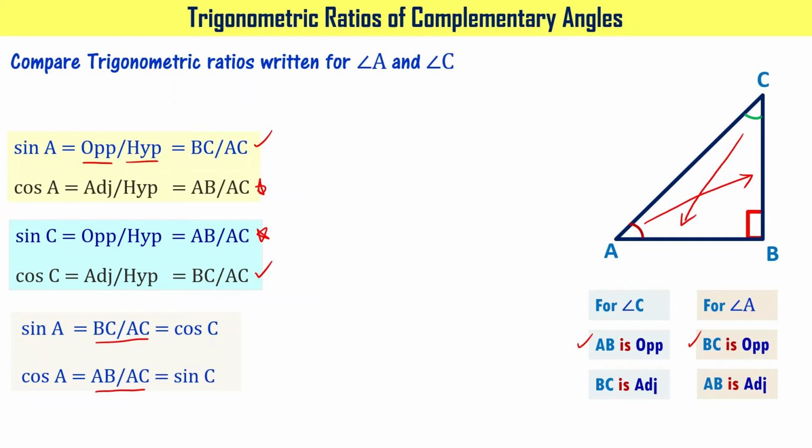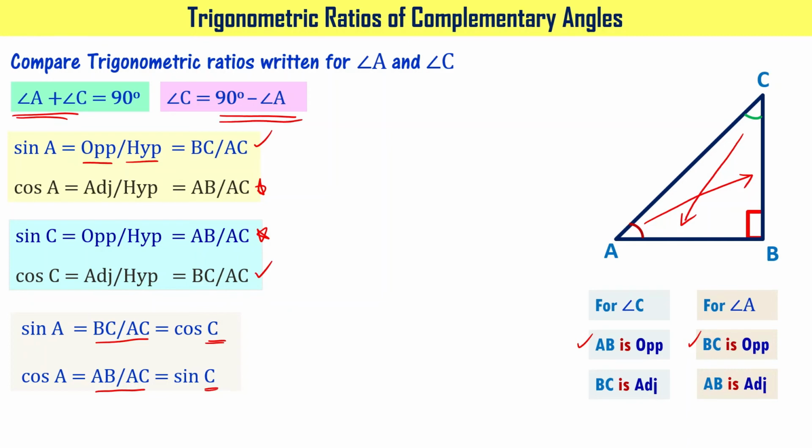We know that angle A plus angle C equal to 90 degrees, right? Because these two are the complementary angles. Okay, angle A plus angle C equal to 90 degrees. That can be written as angle C equal to 90 degrees minus angle A, right? Look at this. You have C here, you have C here. Can I write 90 minus angle A for that?